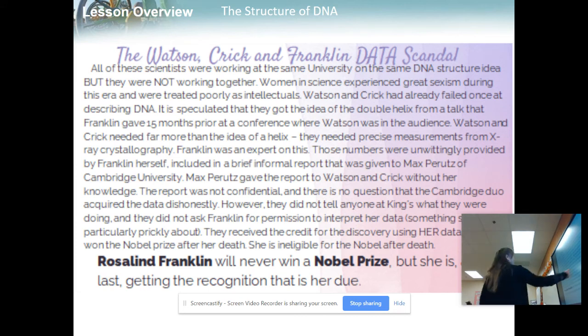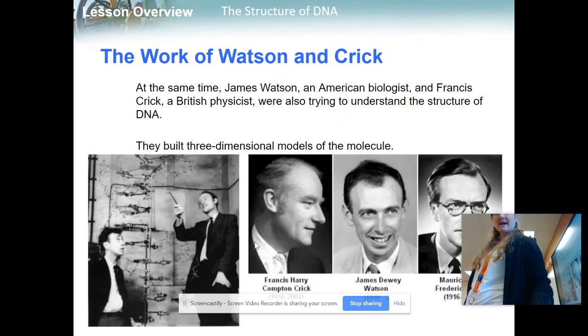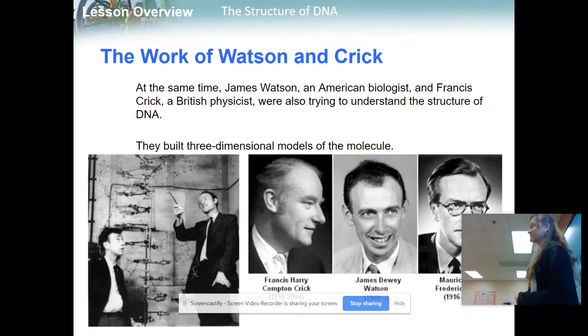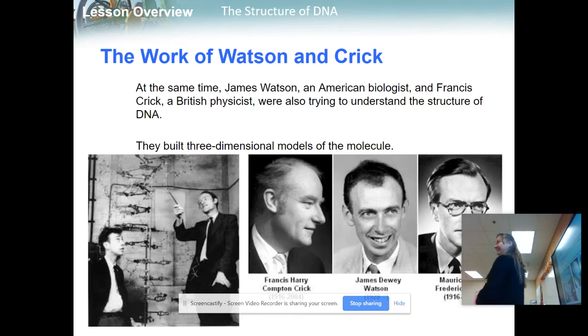In fact, Watson famously said a bunch of nasty things about her in his memoirs. After his death, his memoirs were published. I guess he waited till after his death. And he talked about her in those memoirs and said she was a cantankerous woman. I don't think they liked her very much, but that doesn't give you the right to steal her information without her permission, right?